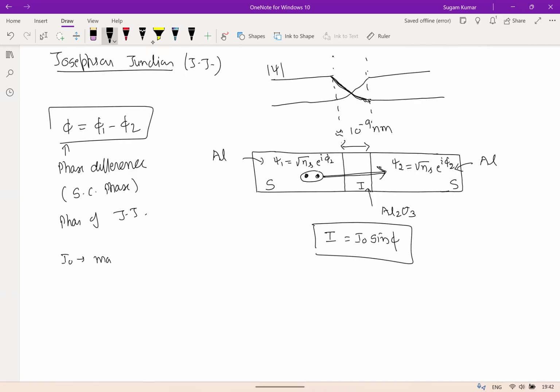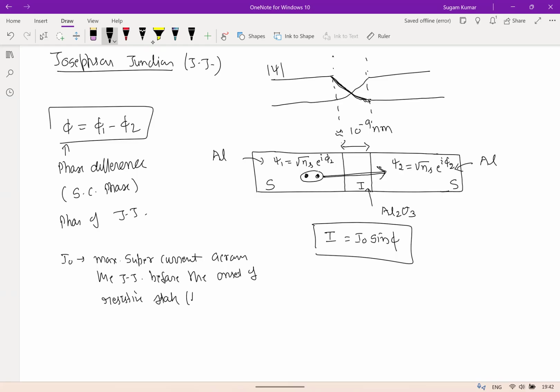is the maximum super current that can pass through the junction, or the maximum super current across the junction before the onset of the resistive state.